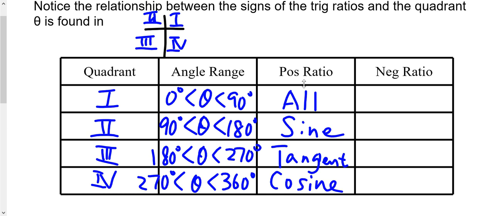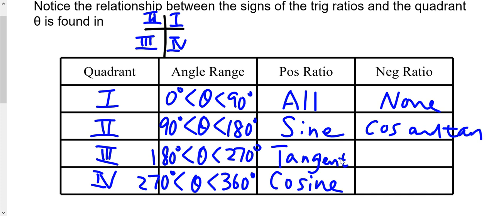Okay, if all trig ratios are positive in quadrant 1, that means there is no negative ratio there. If sine is positive in quadrant 2, that means cosine and tangent are negative.